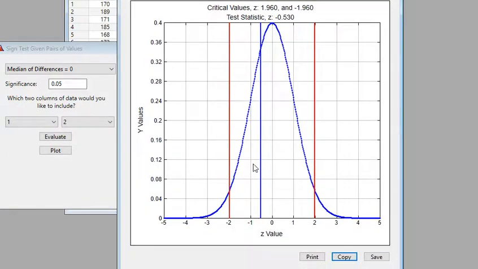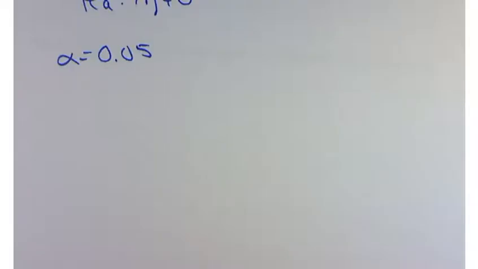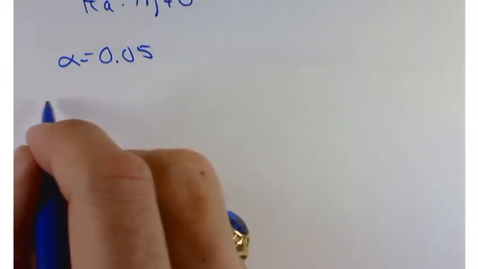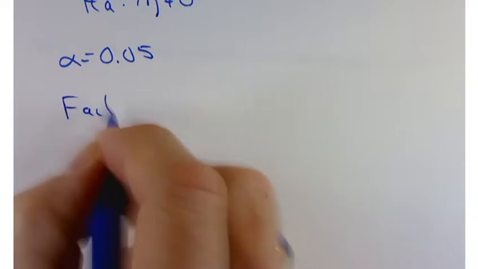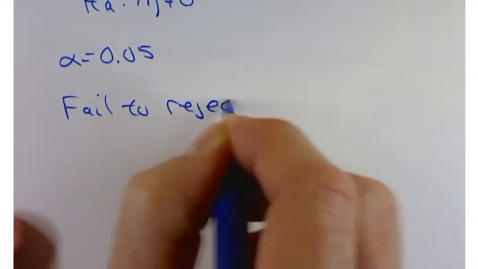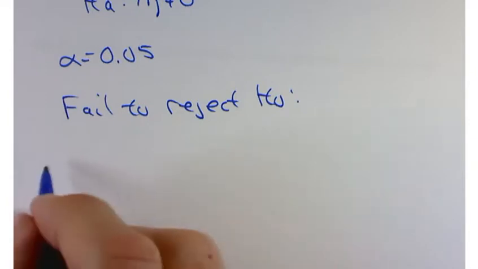But what this is showing you is that because the value is in between the two critical values, we're not going to reject the null hypothesis. There's not sufficient data to reject the claim that the median difference is 0. So fail to reject H naught.